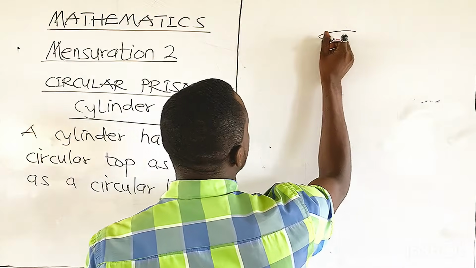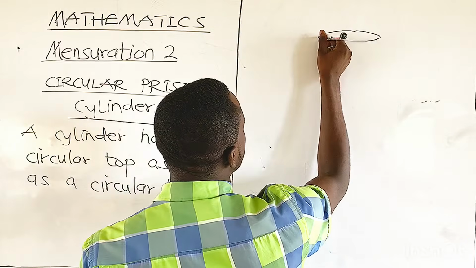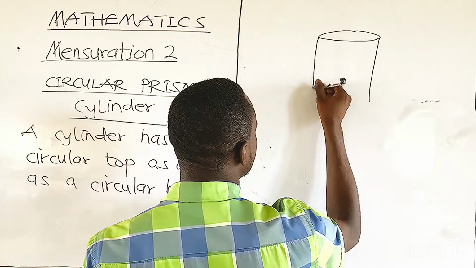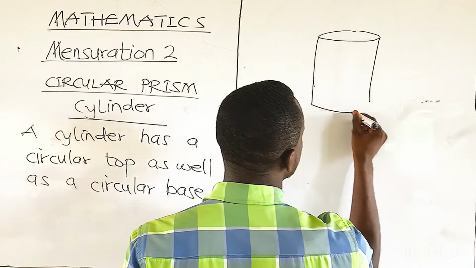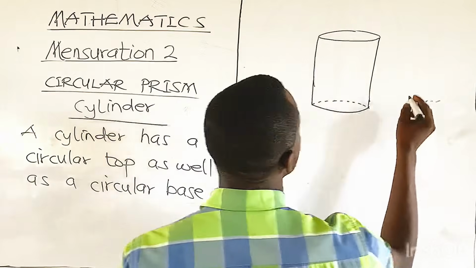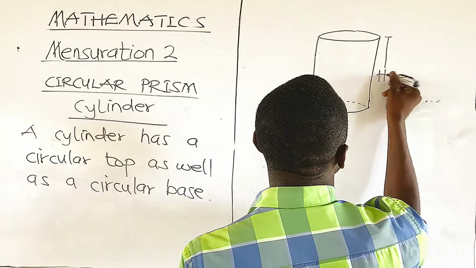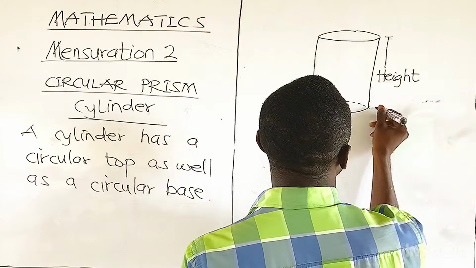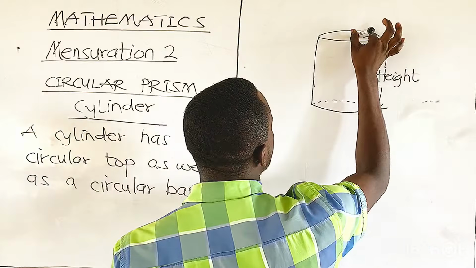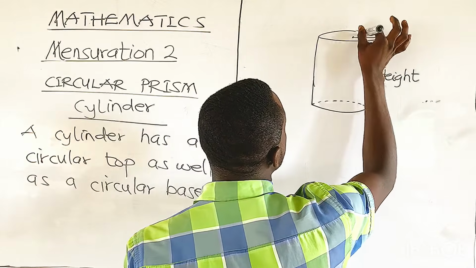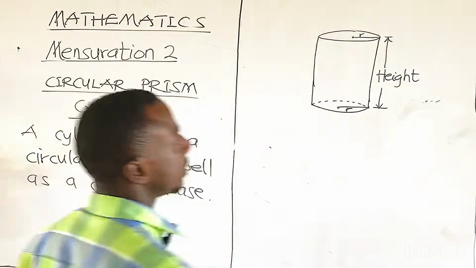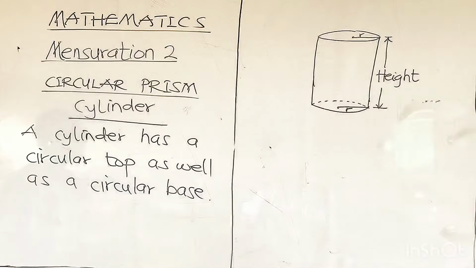So let me give a sketch of it. This is the height of the cylinder. Then we have the radius here, the radius r, and the same radius from the base. Now let's look at some examples of cylinders.